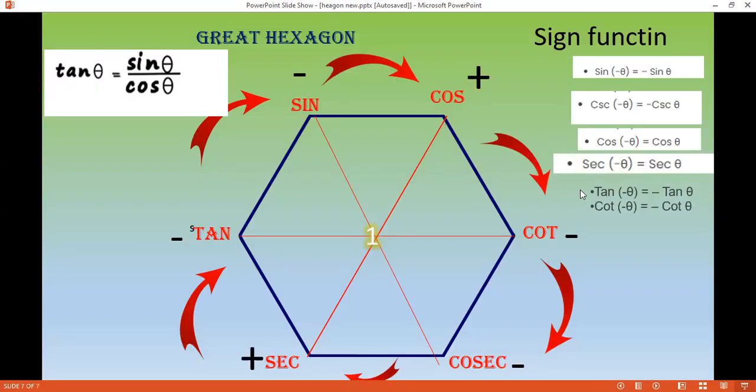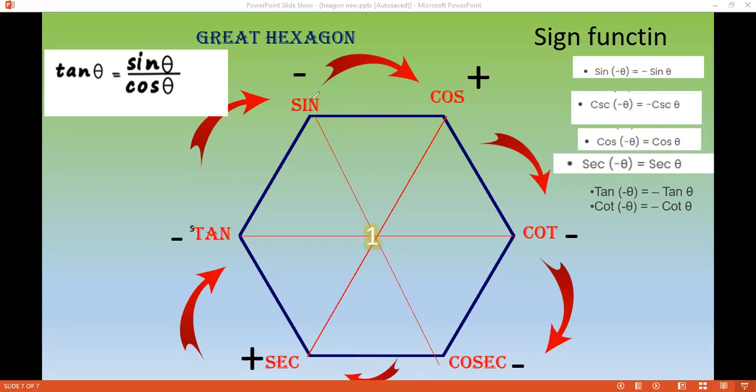Now, in this great hexagon, observe how to remember these sign functions. If you start with sine, you go negative, negative, positive, negative, negative, positive. Like this, you can't remember, right? So the simple thing is you go in the diagonal way.